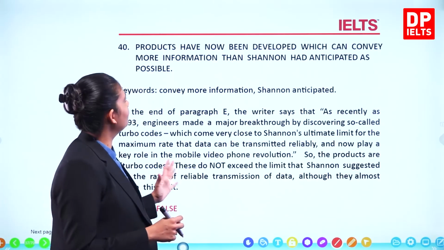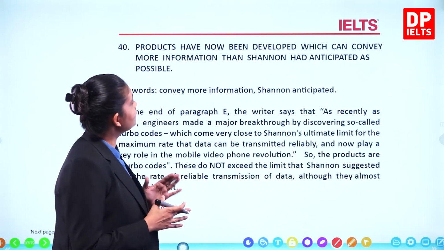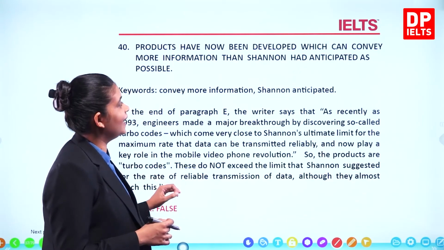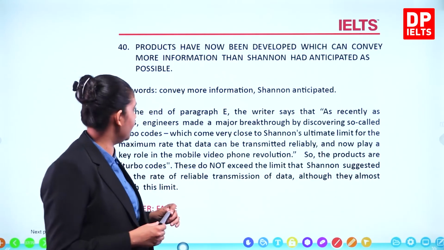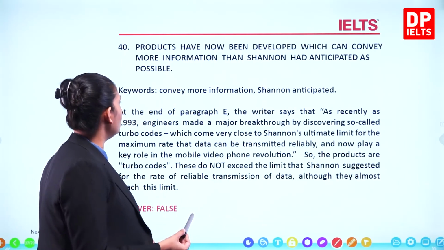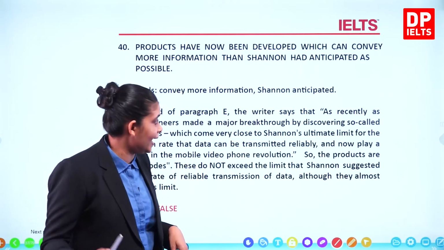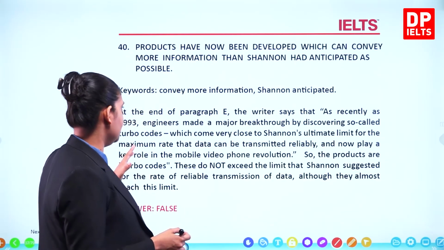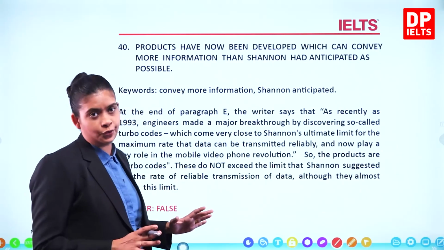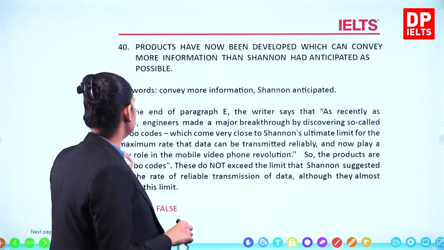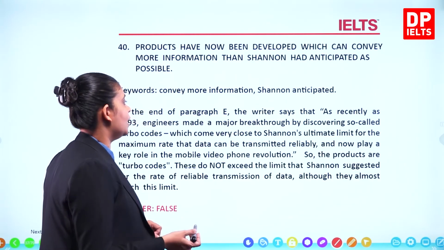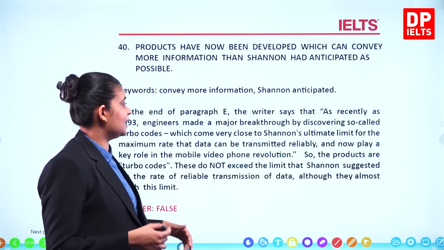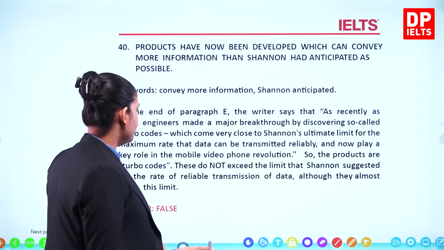Moving on to question number 40. Products have now been developed which can convey more information than Shannon had anticipated as possible, okay? So if you go to para E and towards the end, the writer says, as recently as 1993, engineers made a breakthrough by discovering so-called turbo codes which come very close to Shannon's ultimate limit for the maximum rate that data can be transmitted reliably, right?